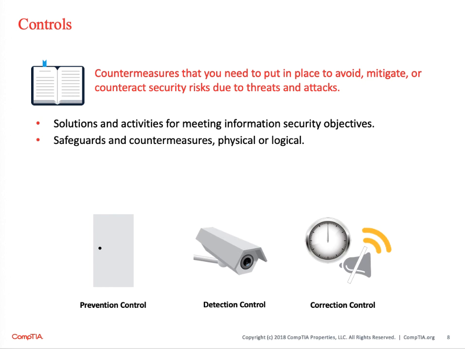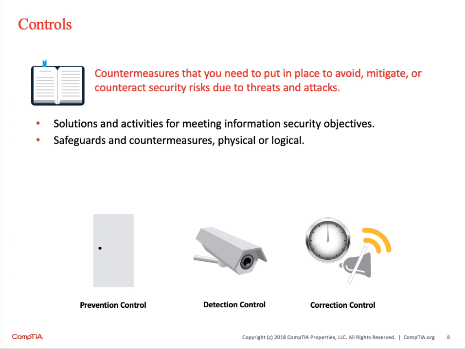So we have prevention control. So this is going to be preventing a threat or attack from exposing our vulnerabilities, right? So like locking our doors, a prevention control, right? Detection controls. So these help us to discover whether a threat or a vulnerability has actually entered our system, right?